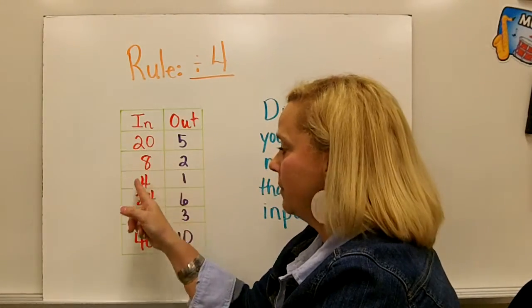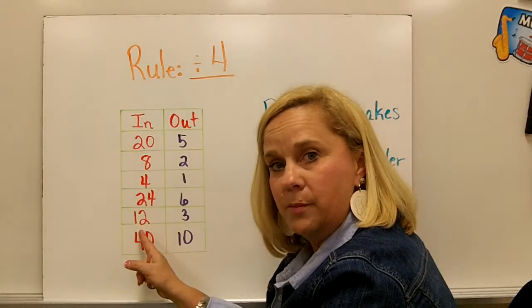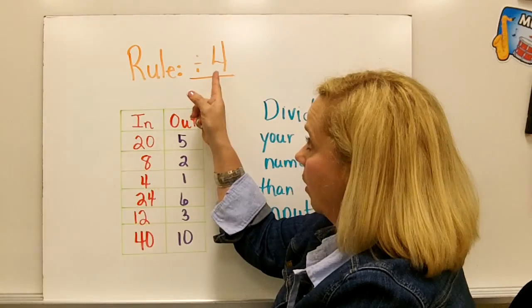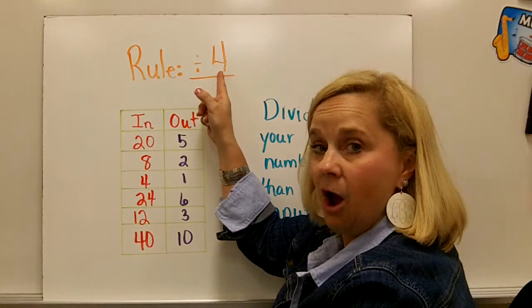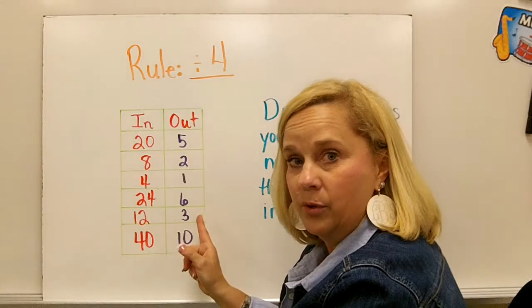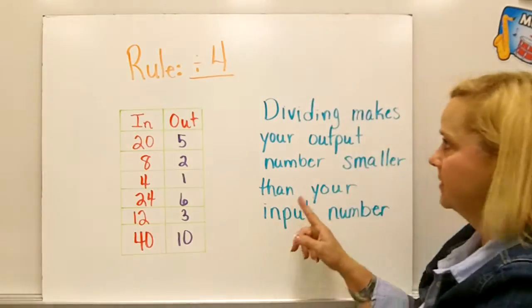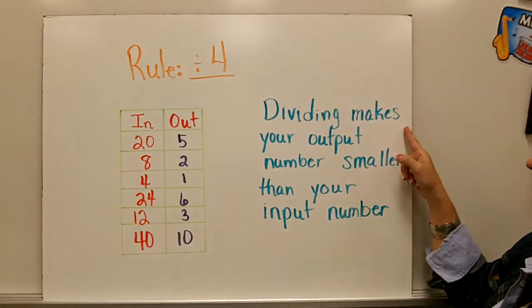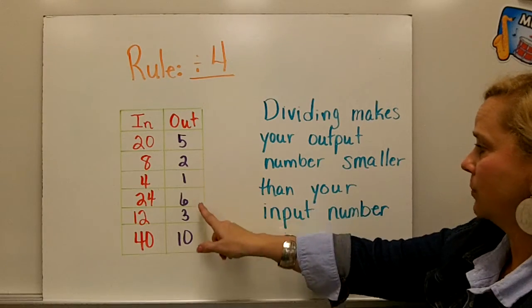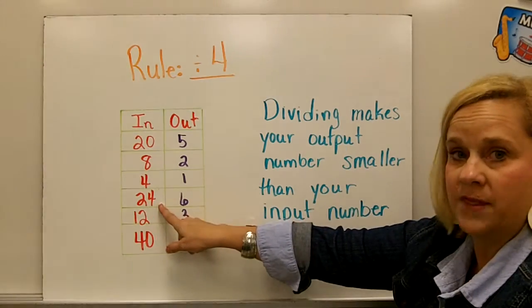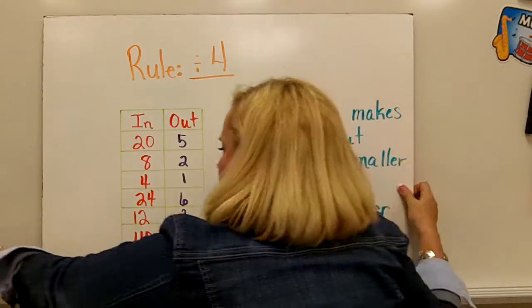So I want you to remember that all of your numbers in your input, here on this chart, we're dividing all of them by 4 to get my output. Now I want you to notice that dividing makes your output numbers smaller than your input numbers.